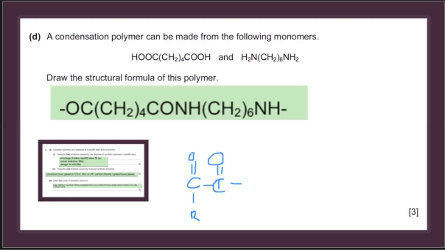And then from this structure here, hydrogen is lost. So I'll have NH, because the next hydrogen is lost. And I have that group in the middle there, which is CH2 by 6. And then that is bonded to NH2.